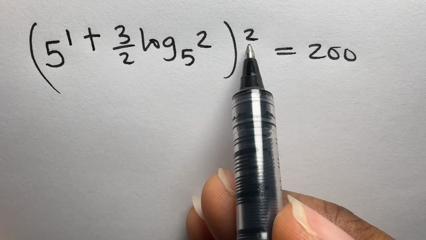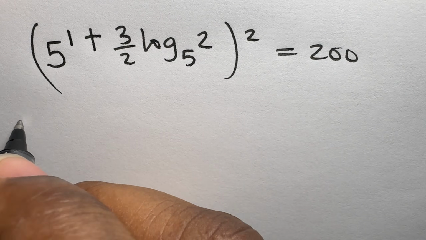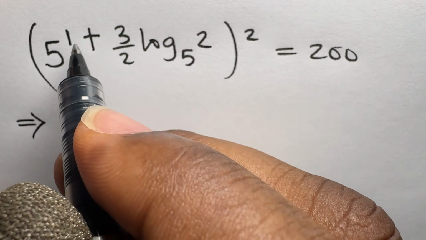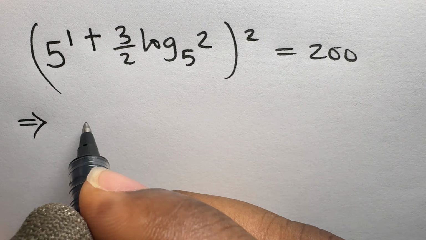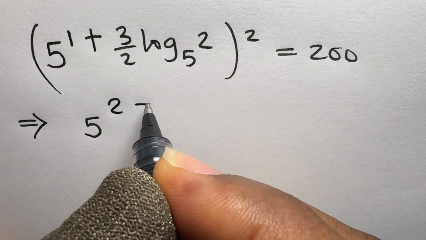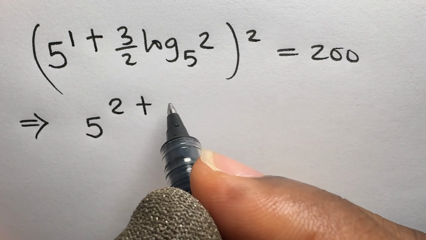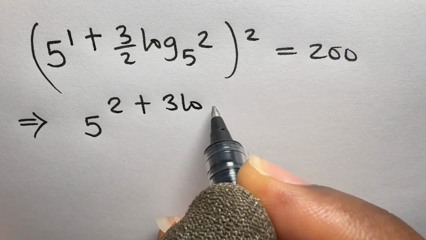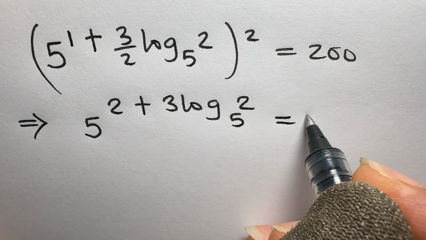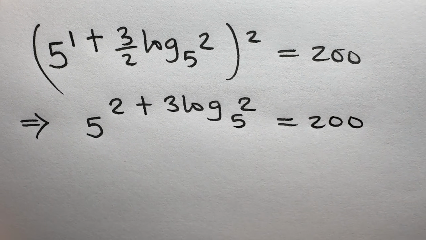Let us open this bracket. To do that, we simply multiply it with each of the values in the power. So we have 5 raised to power 1 times 2 is 2, plus 3 over 2 times 2 is 3, then log 2 base 5, is equal to 200.